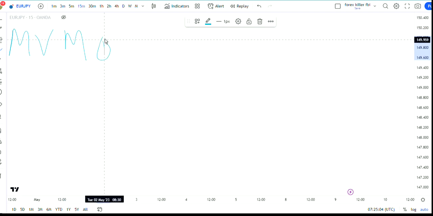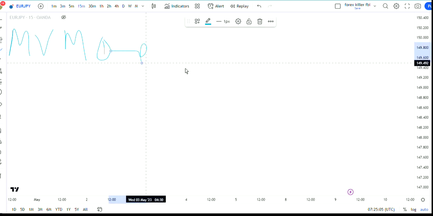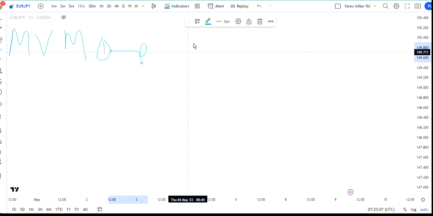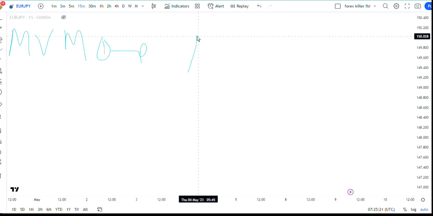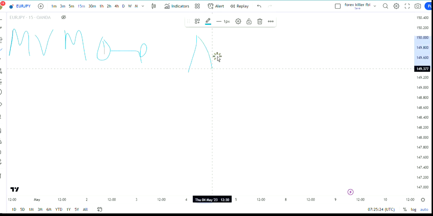This is a reversal pattern. Maybe the market comes from here, then moves in a shape like this, and this way.